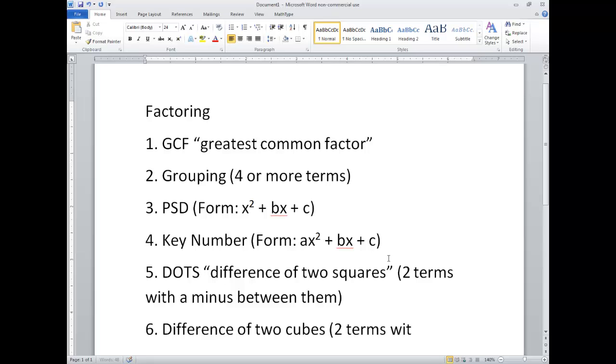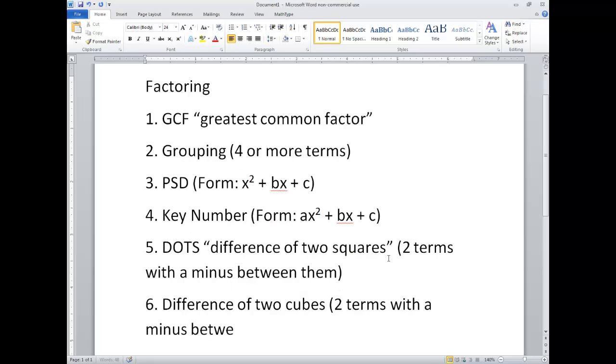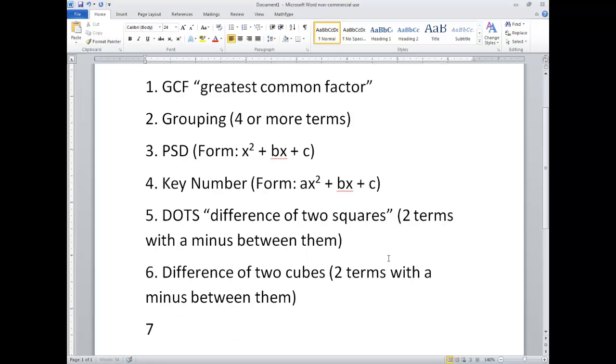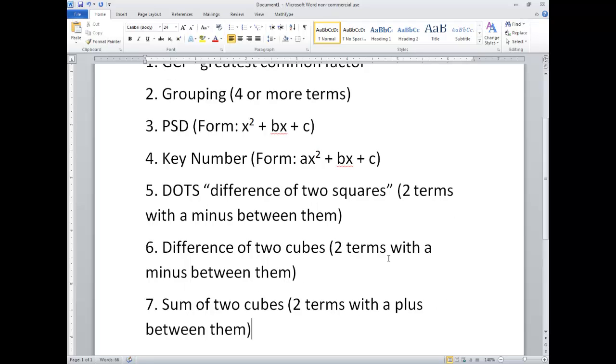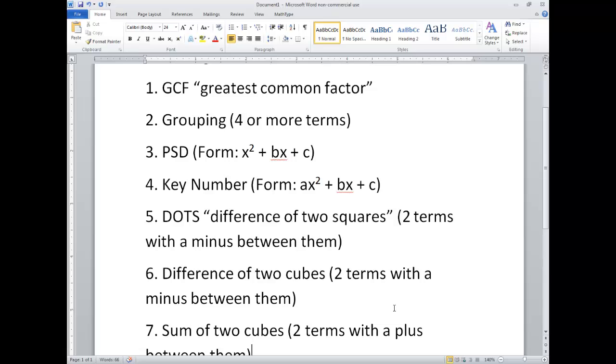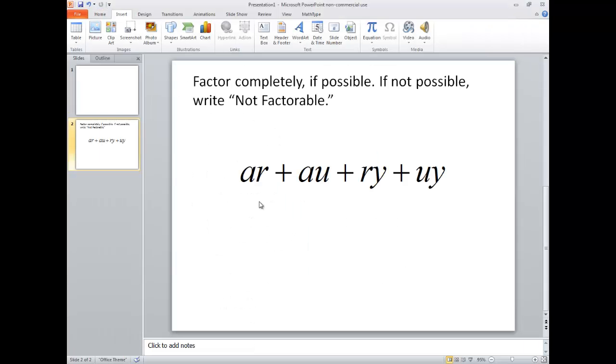This is when you have 2 terms with a minus between them. Then our seventh one is the sum of 2 cubes, and this is when you have 2 terms with a plus between them. There's another one that I don't ever list here, the perfect square trinomial, because you can use the PST and key number to factor those types.